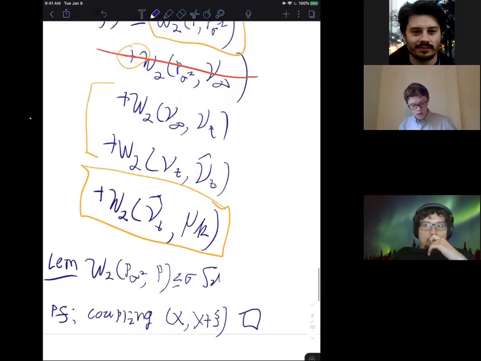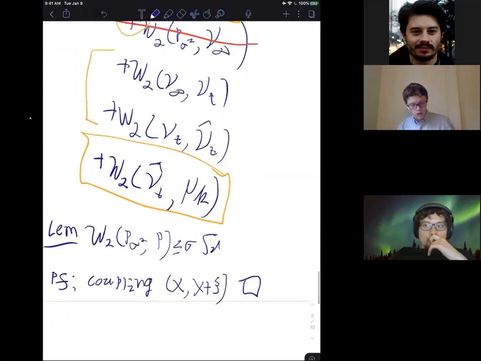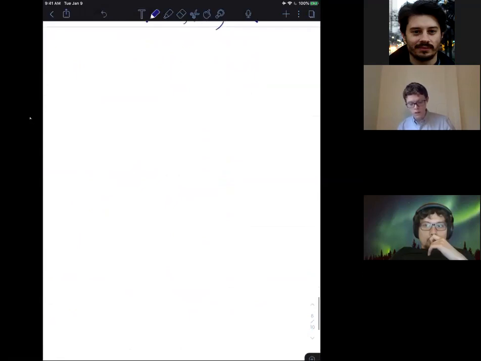So let's talk about the easier term first, which is the convergence to infinity.